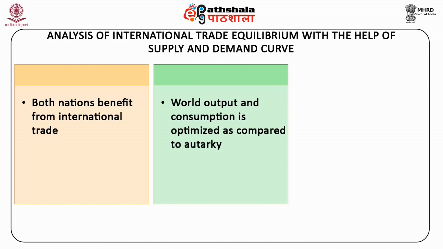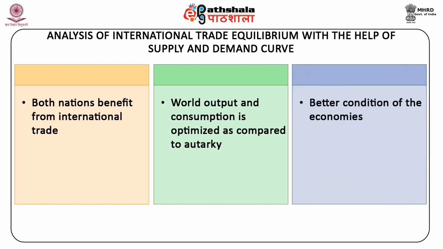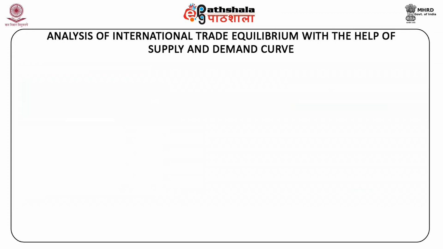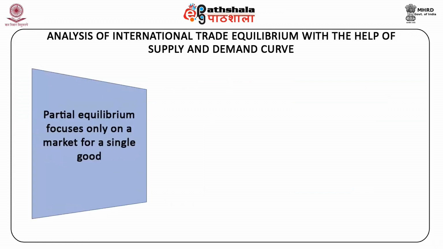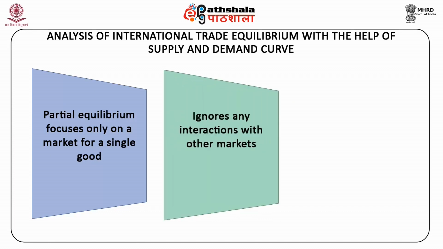This implies that when trade takes place, it results in a better condition of the economies than when the economies were self-independent. This analysis is a partial equilibrium model, thus focusing only on the market for a single good and ignoring any interactions with other markets.